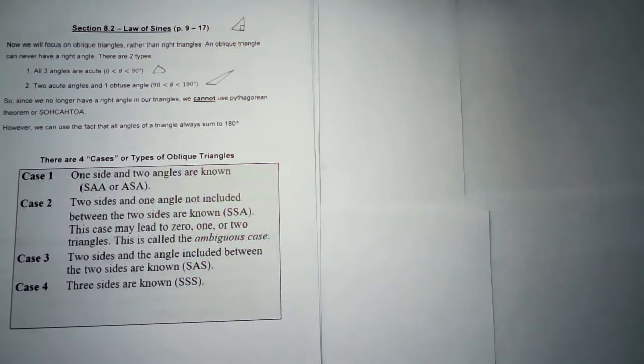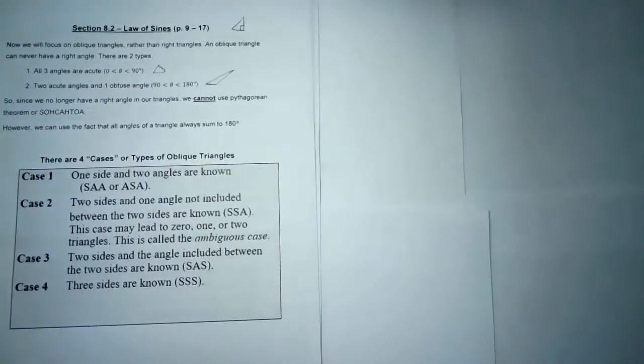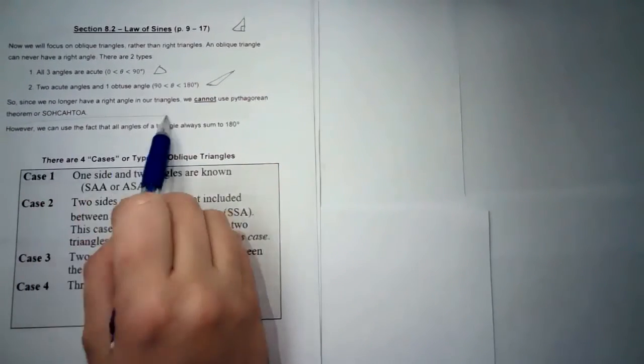If you don't have a right angle, there's no such thing as those three. So I can't use those here. I need another tool, okay? Well, don't forget, this guy's always gonna come in handy. All triangles, no matter how crazy, all their angles are gonna sum to 180. So that is still available to us and it always will be, which is fantastic. We're gonna use that a lot, okay?